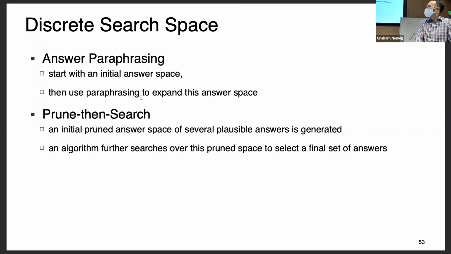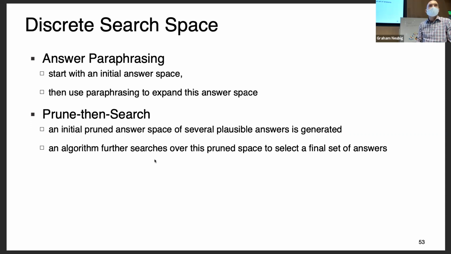Another thing that we can do is create an initial pruned answer space of several plausible answers. This can be done through paraphrasing or whatever else. And an algorithm further searches over this pruned space to select a final set of answers.